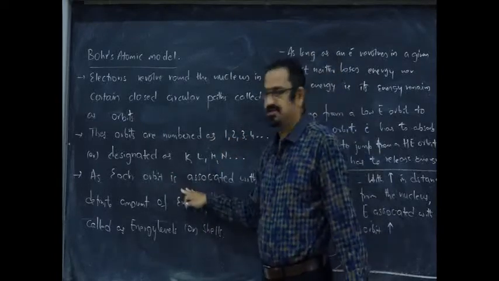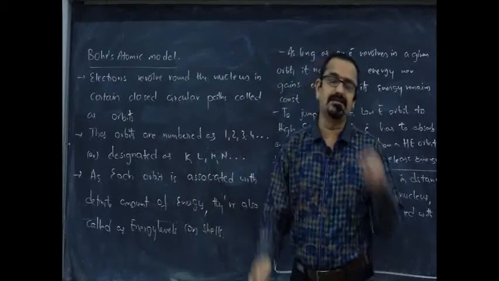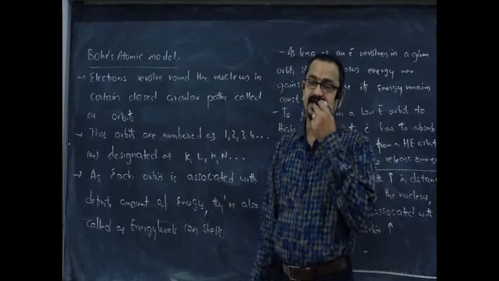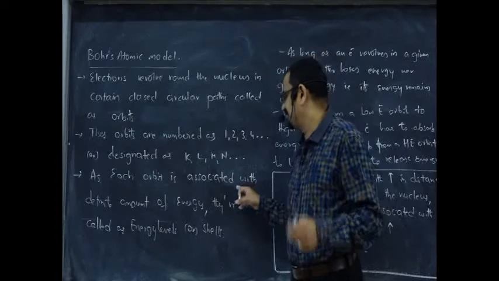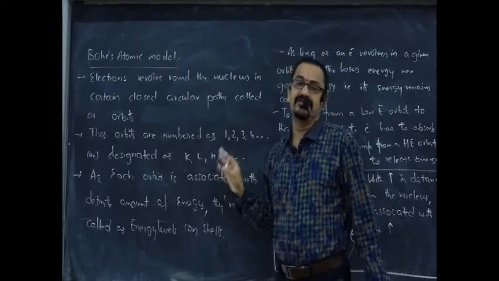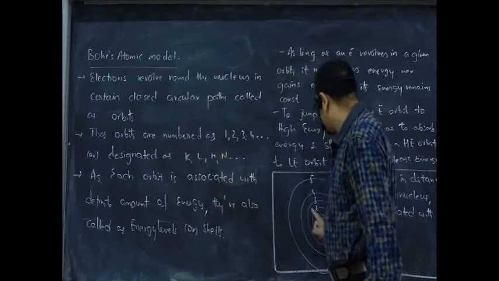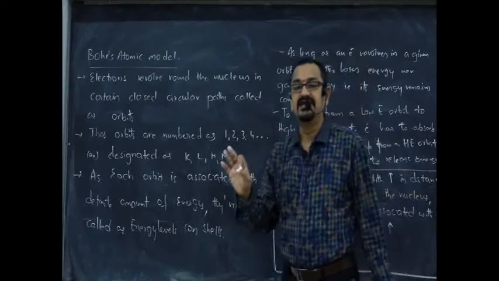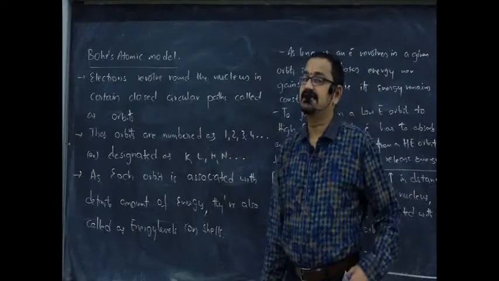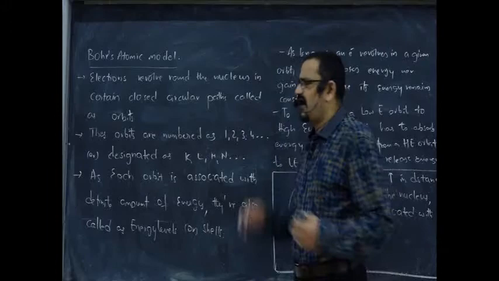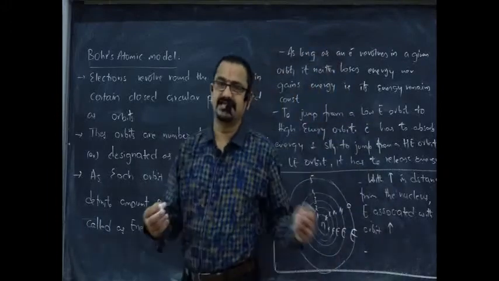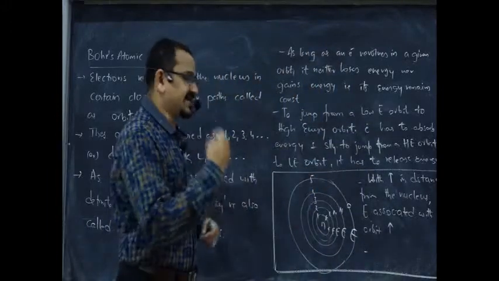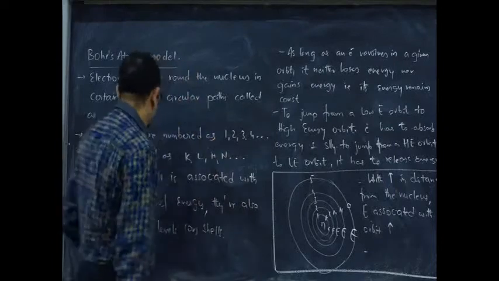And as each orbit is associated with a definite amount of energy, these orbits are also called energy levels, or shells: first shell, second shell, third shell, likewise K shell, L shell, M shell, and so on.